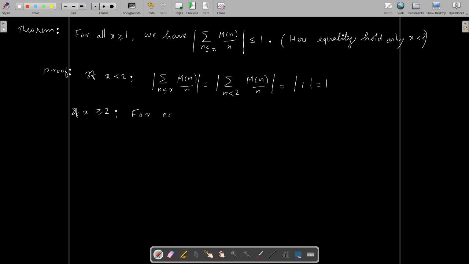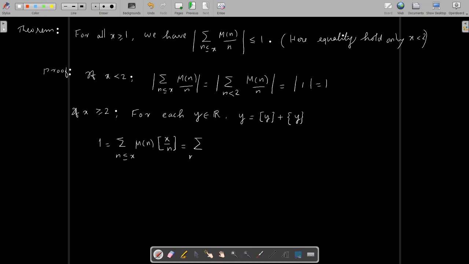For each y belongs to R, this y can be written as integral part of y plus fractional part of y. Clear? So we start with the result we have proved in the previous theorem. 1 is equal to sigma n less than or equal to x mu of n integral part of x by n.